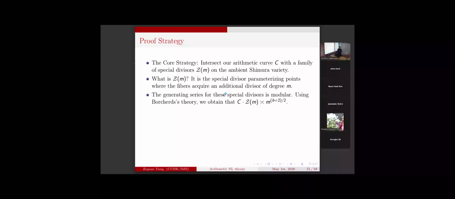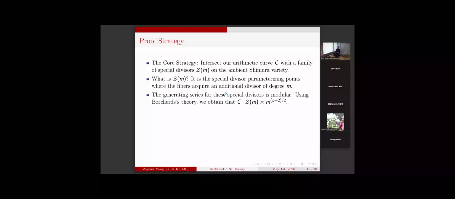So now you put all these divisors together into something like this. Here q is some formal variable. Then this gives you a modular form. So then you can use Borcherds' theory to control the intersection number of C, your curve, with the special divisors.